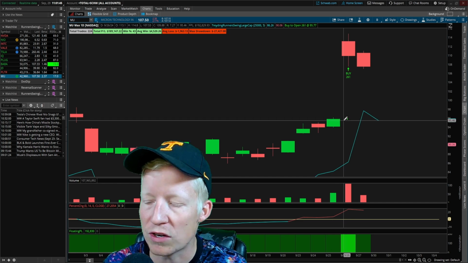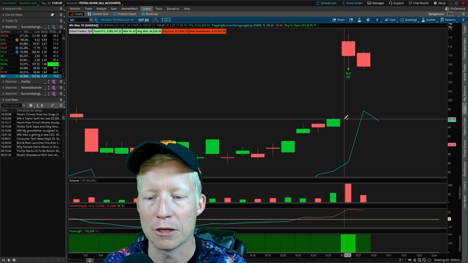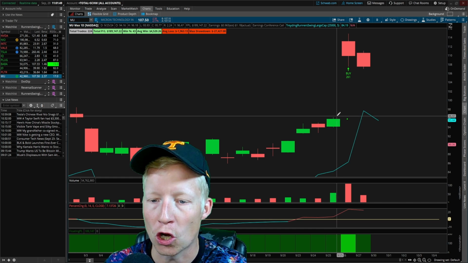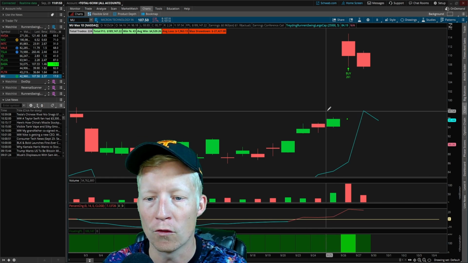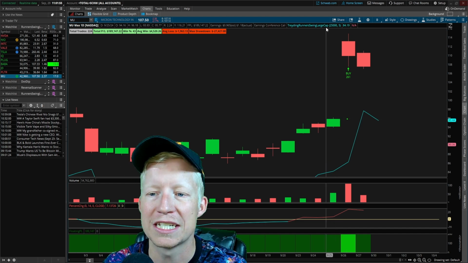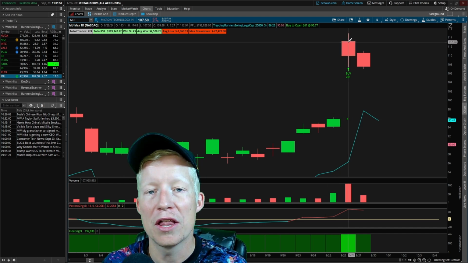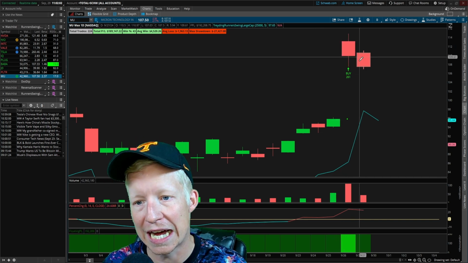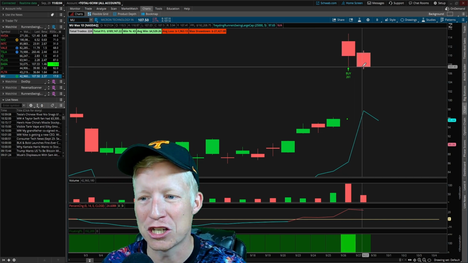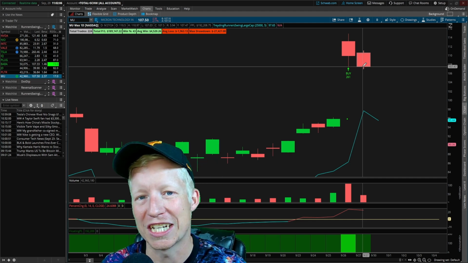So you can see this little green arrow here signifying that the price entered was actually on the close of this bar. Remember, over 5, over 5, over 5 entrance, massive gap up. So this stock did just enter the scanner. However, it is already kind of up a lot from the entrance, but still worth watching into the next week.